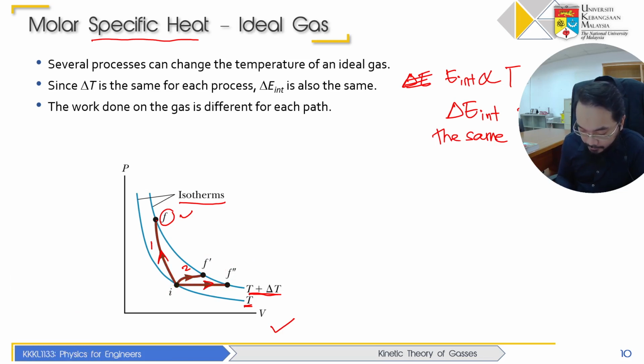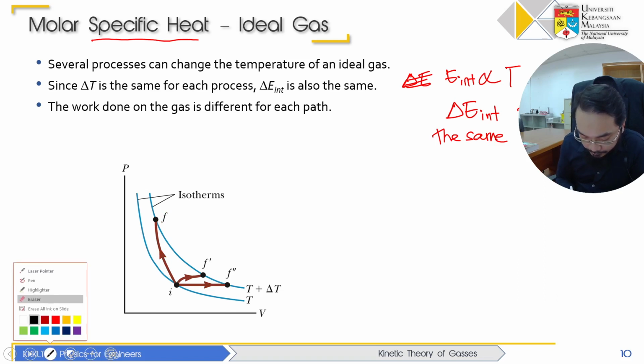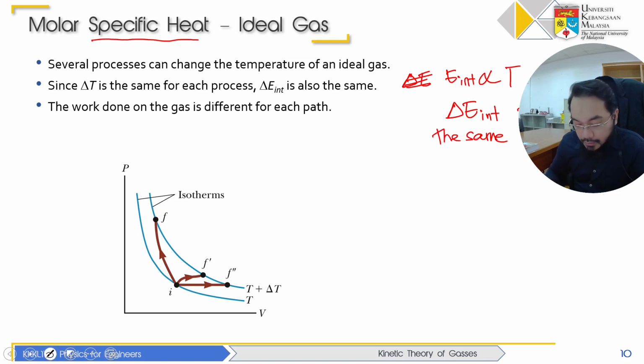Let me rub this off so that we can have a clear slate to write on. The work done on the gas is different for each path. How do we know that? Because based on the mathematical definition, the work done on an ideal gas is basically the integration of the PV diagram, which is just the area under the curve.